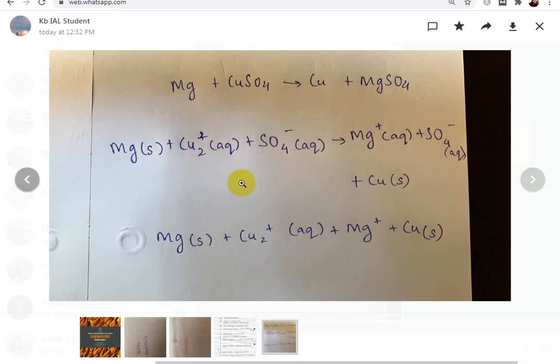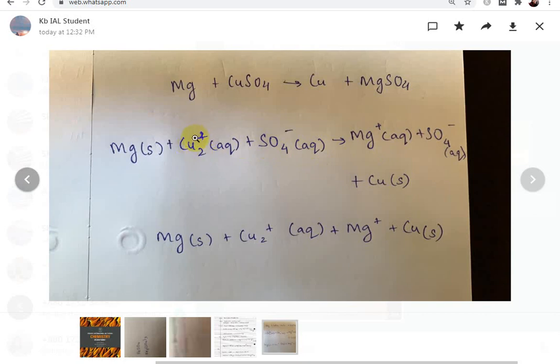Why have you written this copper 2 as a subscript here? Copper solid, have you seen? This is not copper only, it is copper 2 plus.